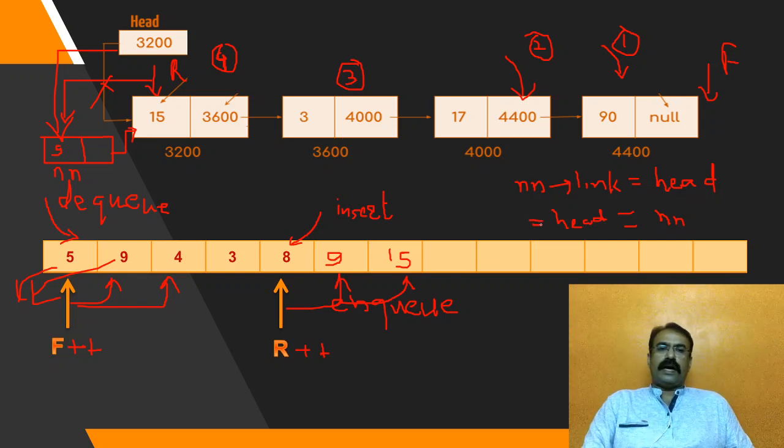So either I can say rear is equal to head is equal to new node, or simply consider head as the rear pointer, the end from which we are inserting an element. So inserting an element is actually inserting an element at the beginning of the linked list. And if I want to delete an element, I need to find out the element which was inserted first.